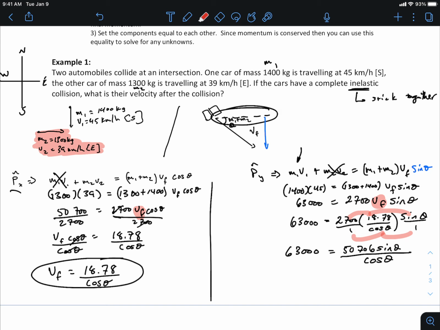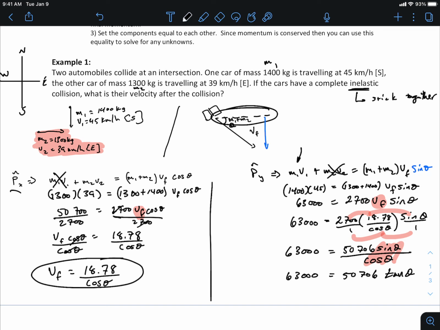Well, this should look familiar to you guys. Sine theta over cosine theta. You guys know that should be 63,000 is equal to 50,706 tan theta. All right? Sine over cos is tan theta.